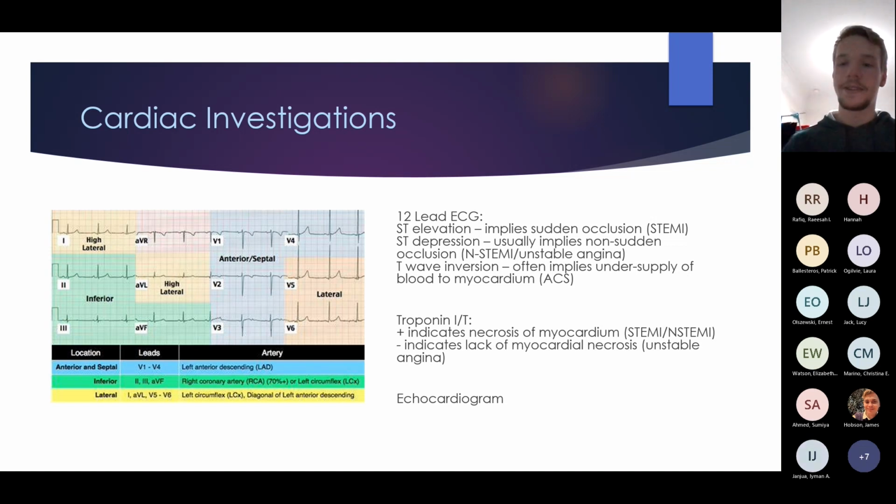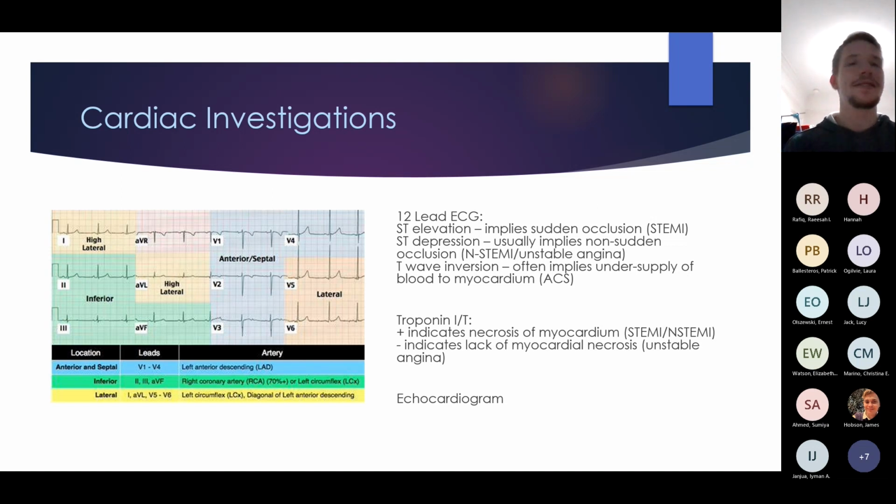Yes, so troponin I and T. I just put I/T because those are the two they measure. They'll normally just measure one of them. It depends which trust or hospital you're working at. Some do it with I, some do it with T. But both show quite elevated levels once there has been necrosis of the myocardium.